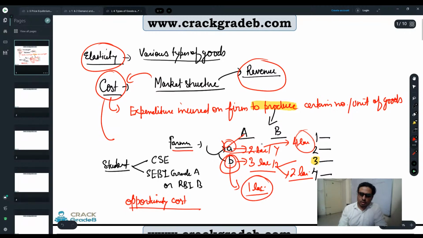Similarly, the other farmer took the decision of A because he thought that crop A, which is giving 2 lakh rupees at present calculation, is going to give me 4 lakh when the crop is ready, whereas crop B is going to give me just 2 lakh.